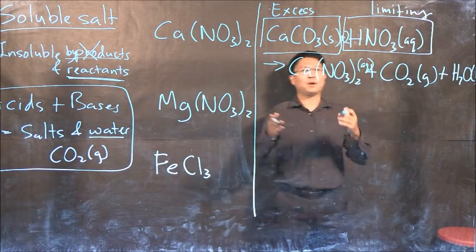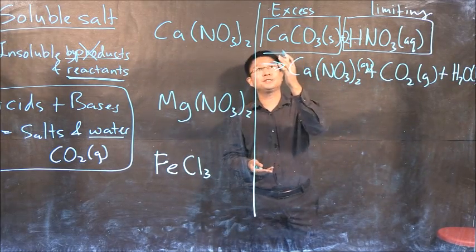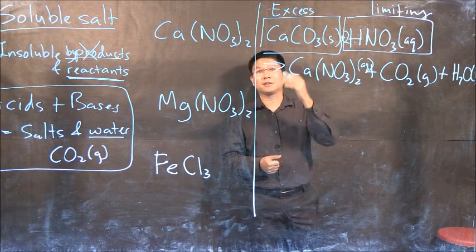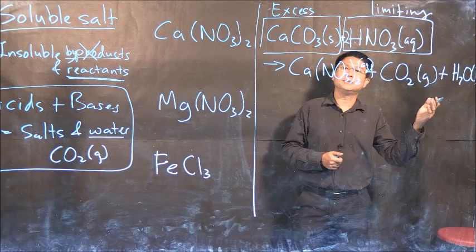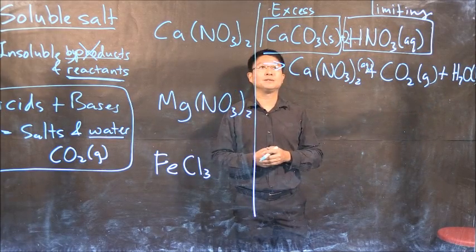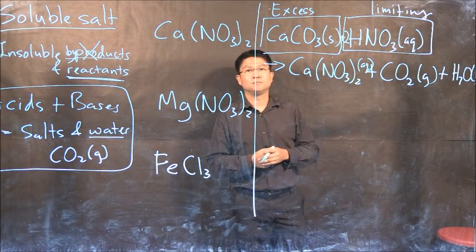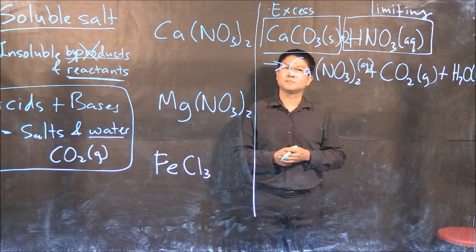In this case, after we have prepared the salt, we first filter away the excess calcium carbonate, then we evaporate all the water to produce calcium nitrate salt, which is pure.